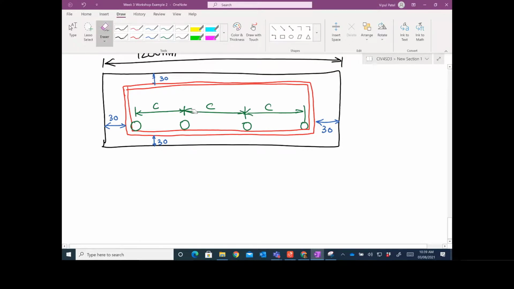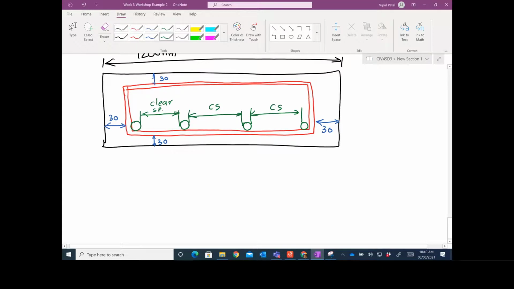So probably we need to specify from here to here the clear spacing. Okay, we call it clear spacing, not the center to center. So this is clear spacing. Let's say I write CS for clear spacing.